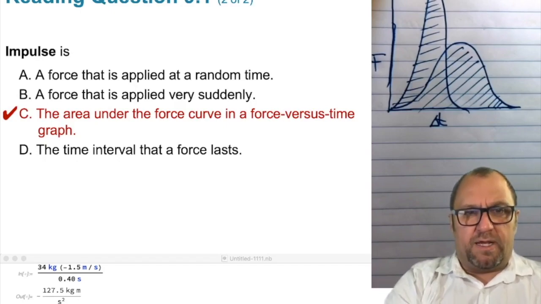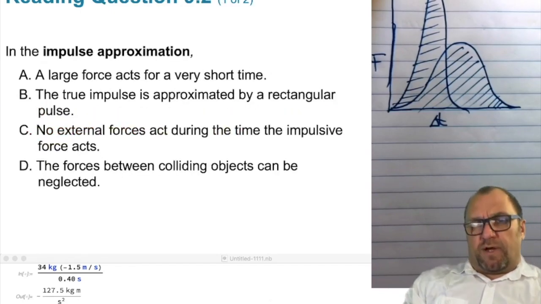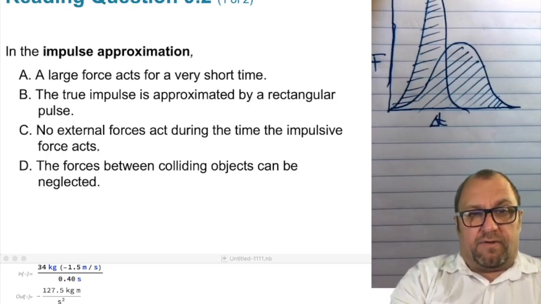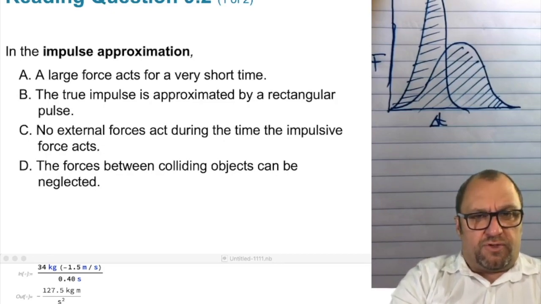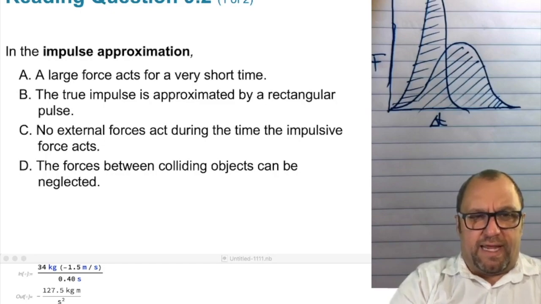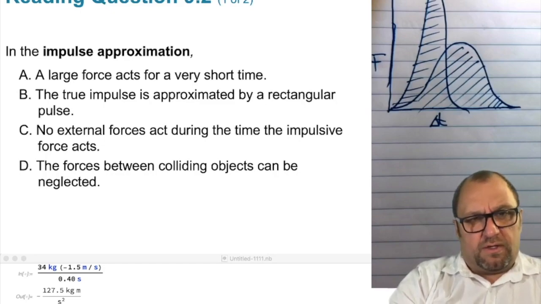Okay. Next question. In the impulse approximation: A, a large force acts for a very short time; B, the true impulse is approximated by a rectangular pulse. Well, we could approximate it that way.